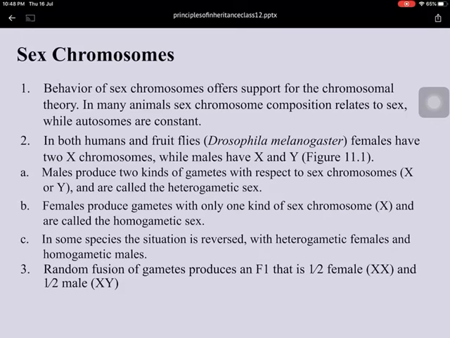If you take the example of human beings and Drosophila melanogaster, known as the queen of heredity, the pattern of sex chromosomes in male and female is similar.